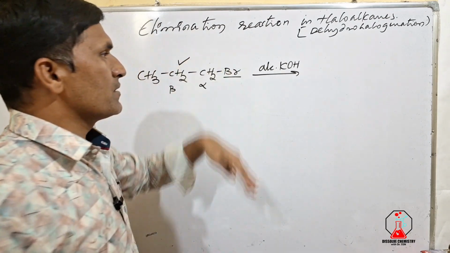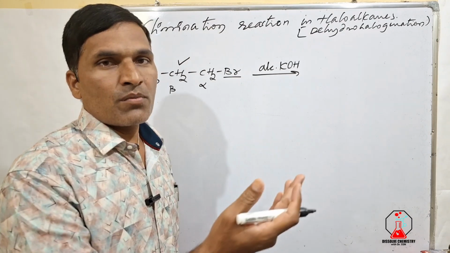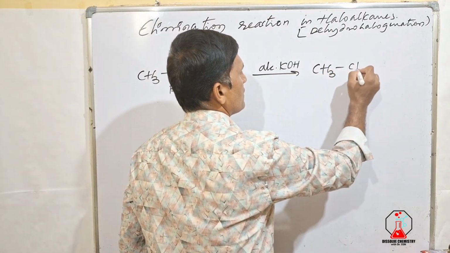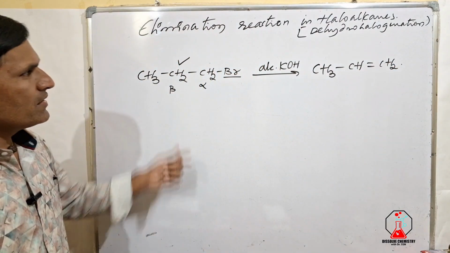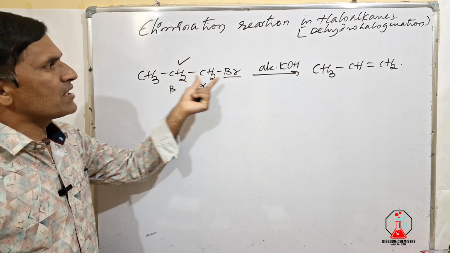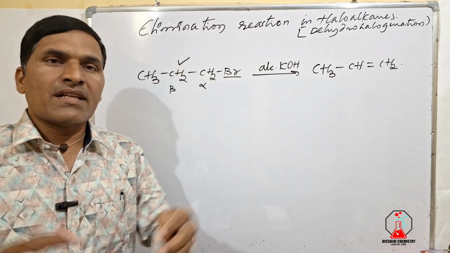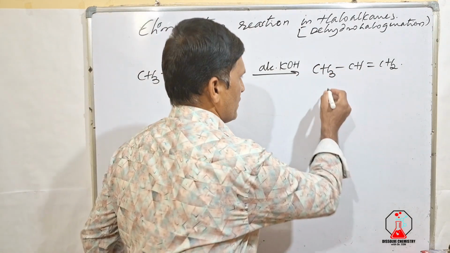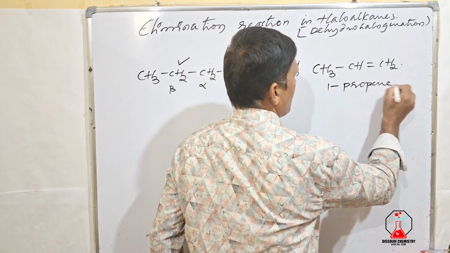First the proton is eliminated, followed by the bromine group, and you get the product CH3CH=CH2. When there is only one beta position with respect to the halo group, there is no selectivity of the product. We end up with propene as the product.